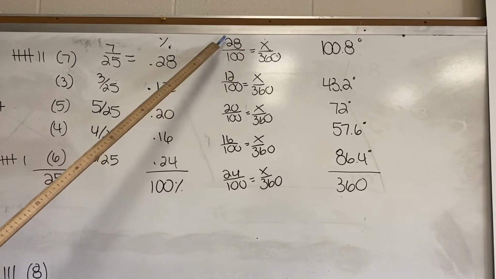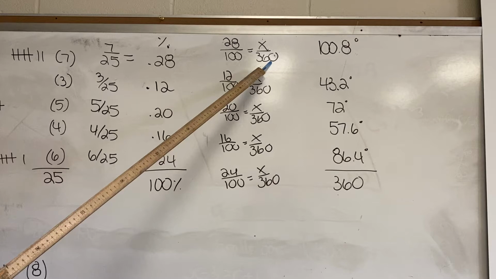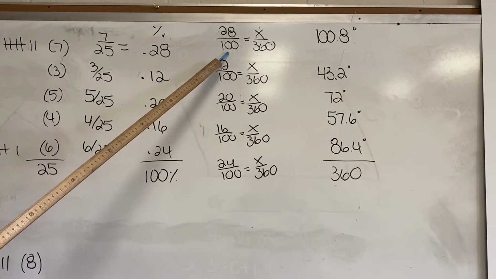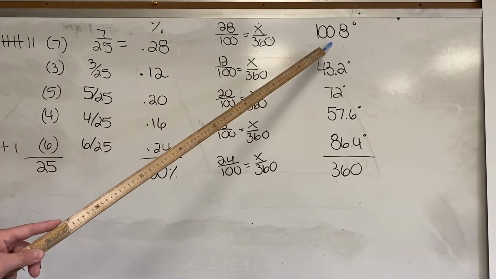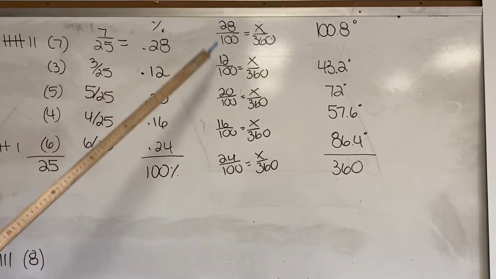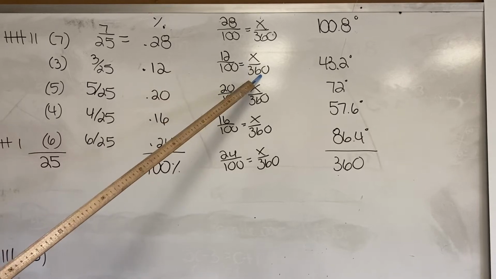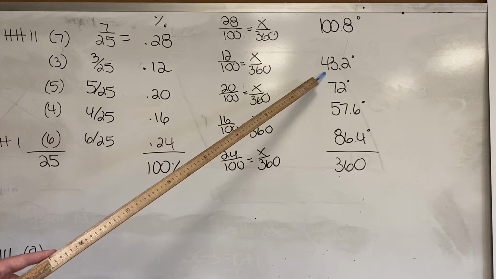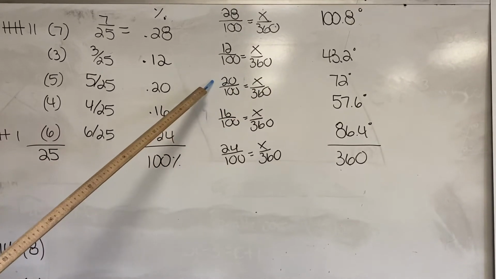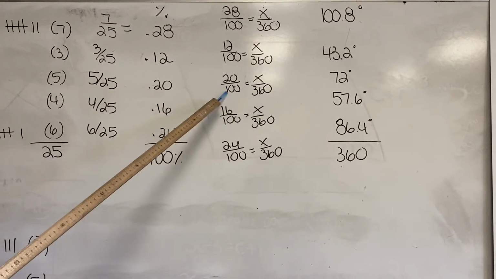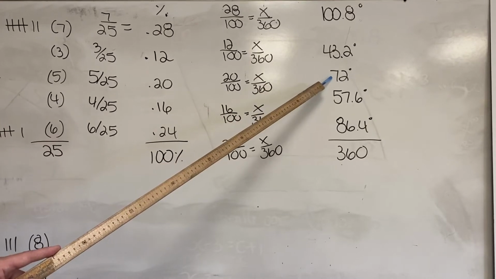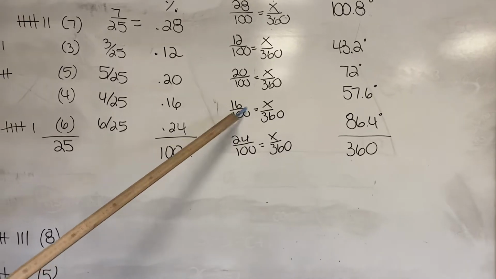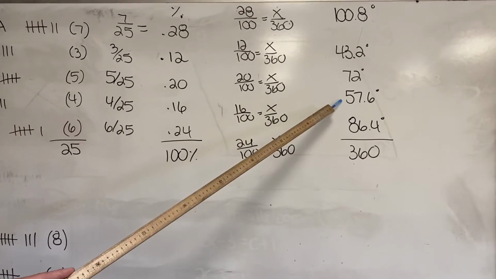What you do is 28 times 360 divided by 100, and that's 100.8 degrees. 12 times 360 divided by 100 is 43.2 degrees. 20 times 360 divided by 100 is 72 degrees. 16 times 360 divided by 100 is 57.6 degrees.